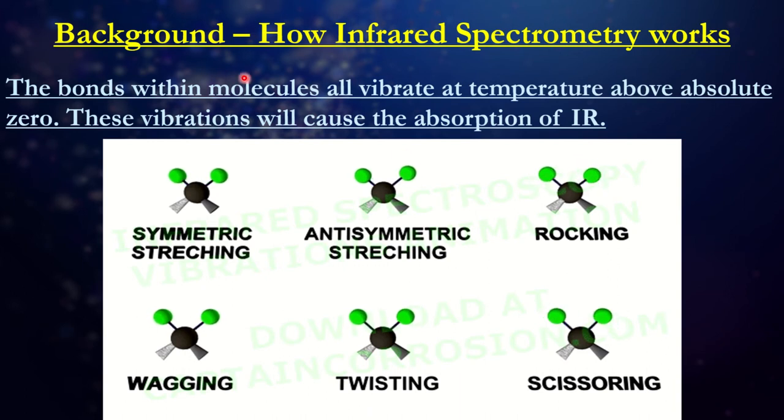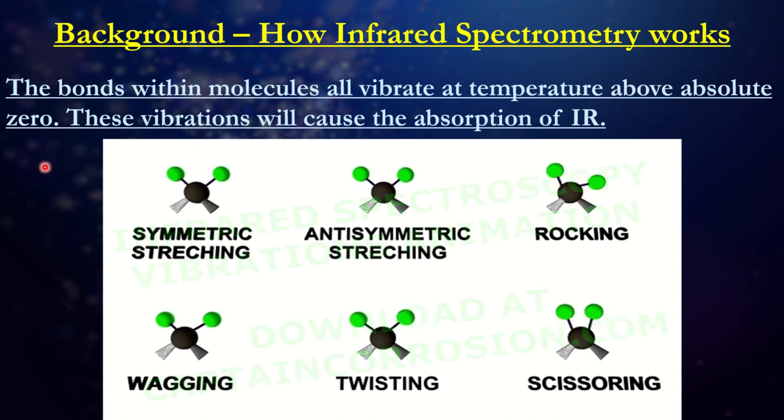Firstly, let's get a bit of background on how infrared spectrometry works. It's based on the ability of particles to vibrate, or different bonds to vibrate. When I say vibrate, it implies stretching, rocking, wagging, twisting, scissoring. So these are all the different types of vibrations that can occur in a bond. And what we do know is that in all molecules, at any temperature above absolute zero, there is vibration.